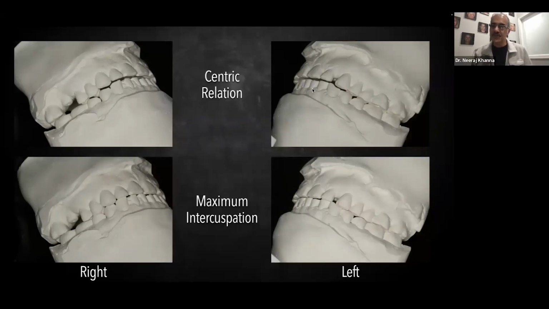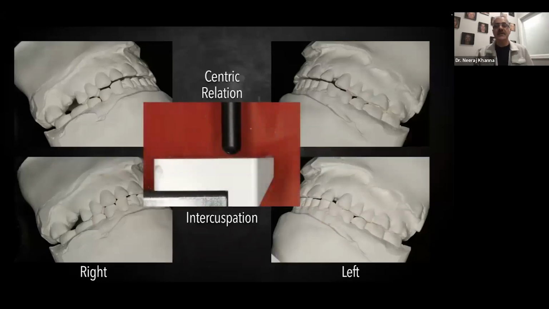However, if I choose to treat him in centric relation, now I've got some room to work with. Now I can redesign the occlusion based on recreating an ideal incisal edge on both the mandibular arch as well as the maxillary arch. That pin photograph that you see is the vertical dimension of the difference between centric relation and maximum intercuspation.